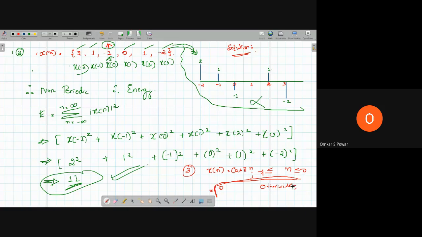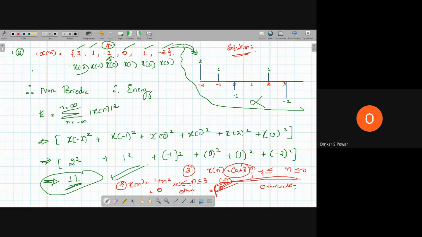So what will be the value of this one? x of n is cos pi n, which is -1 to the power of n. This is just the trigonometric formula which you have to remember. Then you substitute it and solve it. They may also ask another problem like x of n is equal to 1 plus n square, where n varies between 0 to 3, or is equal to 0 otherwise.